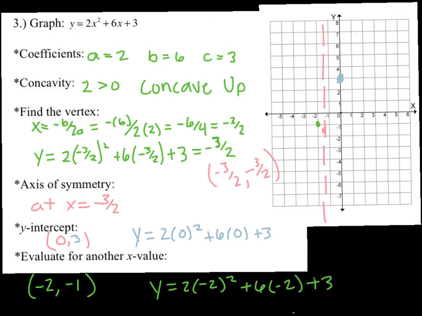So it may not really look like much of a parabola, guys, but here's the nice thing about parabolas. That axis of symmetry. So I know that if I have that green point there of -2, -1, just to the other side of that, -1 has to be a point because that's symmetrical or equal distance from the axis of symmetry.